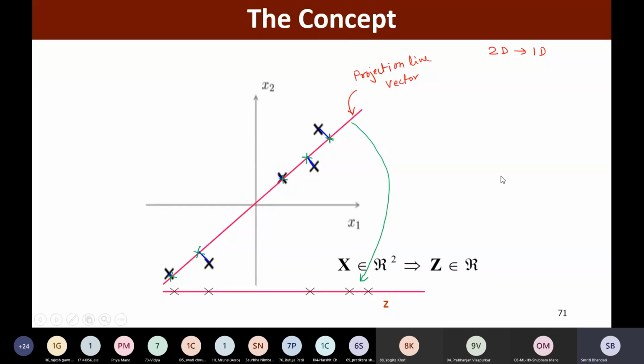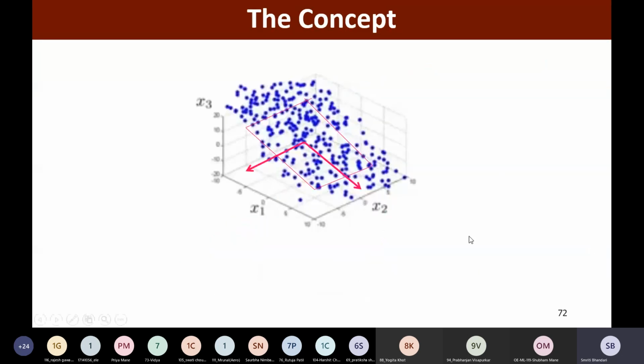Let's see another example with 3 dimensions. We want to convert this 3D space to 2D space, so we have picked up 2 vectors, and along the direction of these 2 vectors we have this plane.